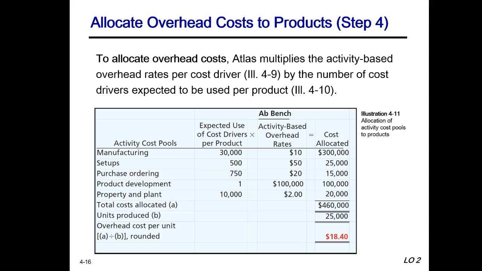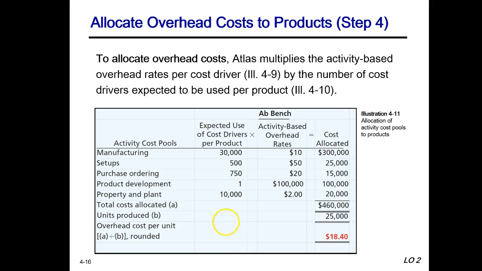So you see here our activity overhead rates: manufacturing, $10. With setups, they're $50. With the purchase ordering, $20 per purchase order. Product development is a flat $100,000, and then so much per square footage gives us the amount of costs that get allocated per unit that's being produced.